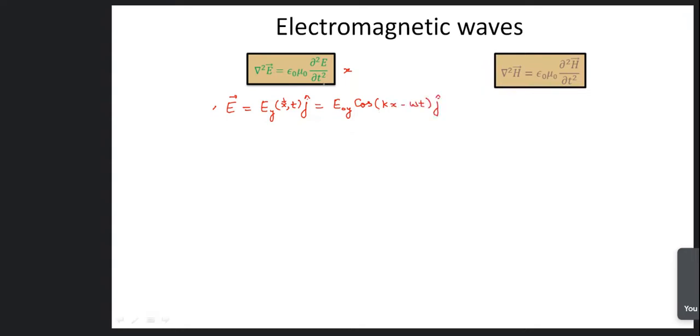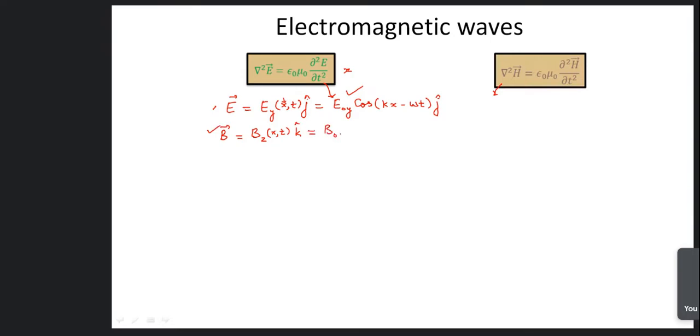So I can write the solution for B, or H, whatever you write it as. B is in the z direction when the direction of propagation is x, and this is k cap, showing the direction of this vector.